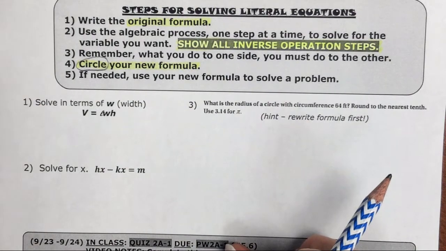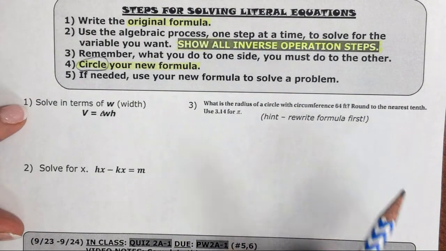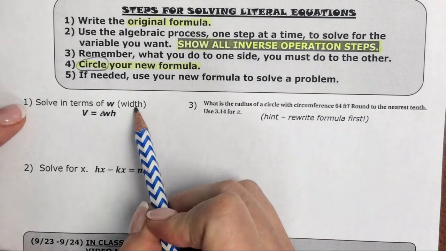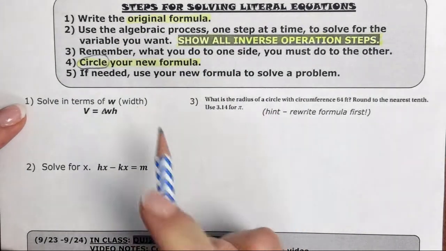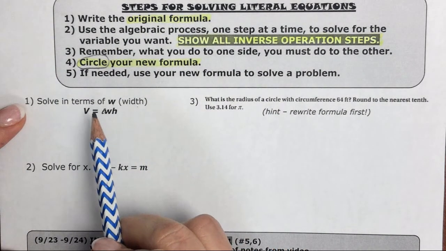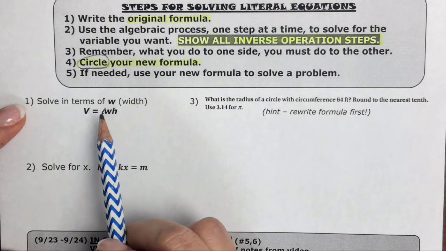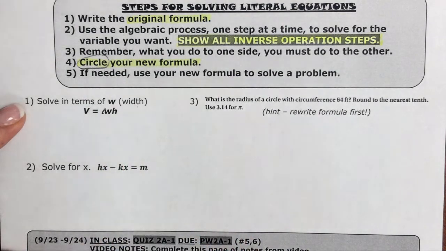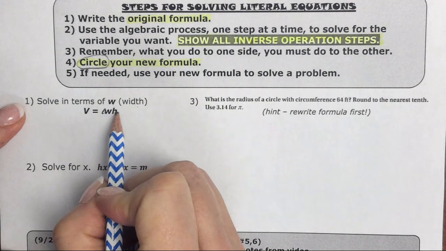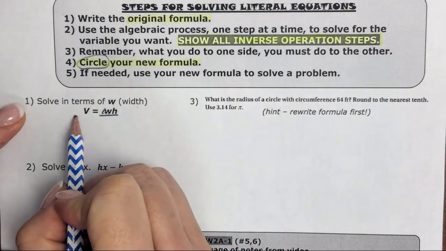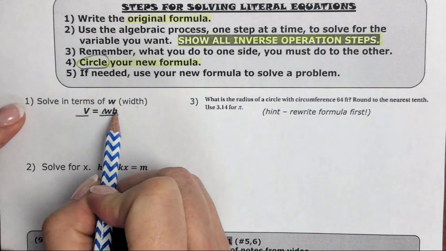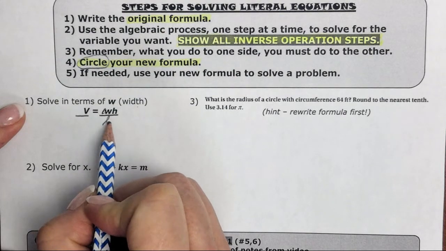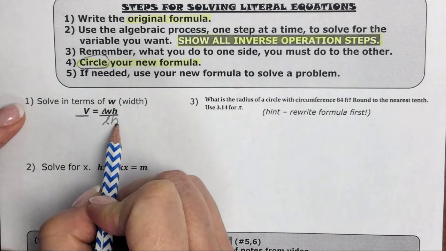The first one we have here is solve in terms of W, which is the width, in this volume formula. Here we have volume equals length times width times height. These are all being multiplied together, so this is an easy solve. In order to isolate W, we do the opposite of multiplying and divide each side by length times height.